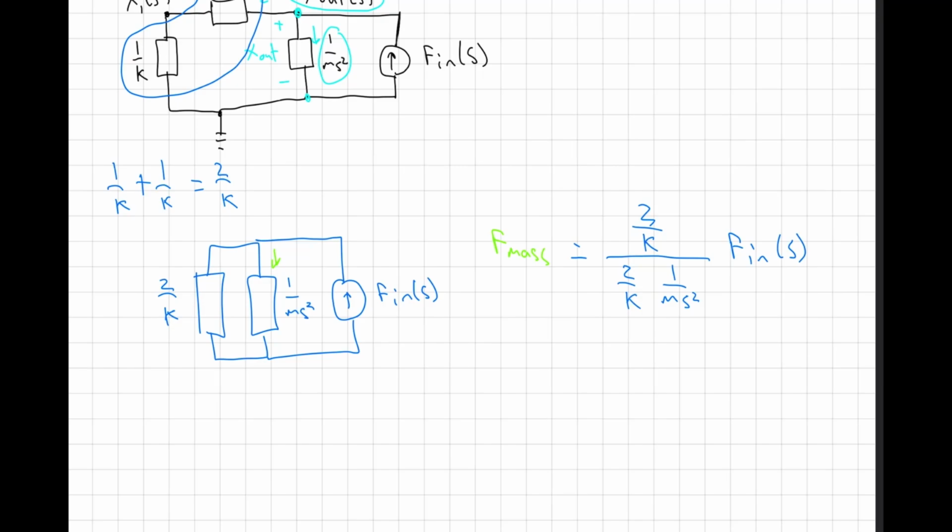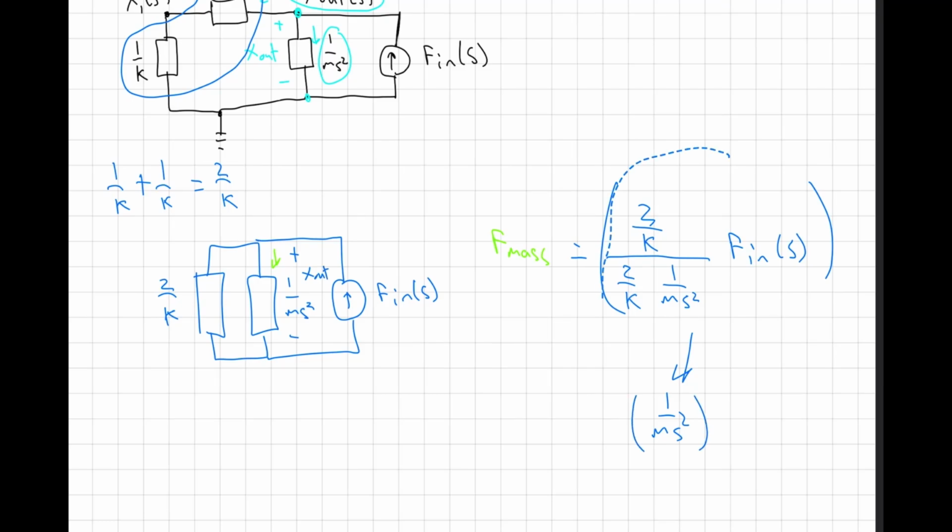And then we multiply that whole thing by the impedance of the mass, 1 over ms squared, because remember we're finding this voltage from here to here, X out. Multiply that whole thing by this.